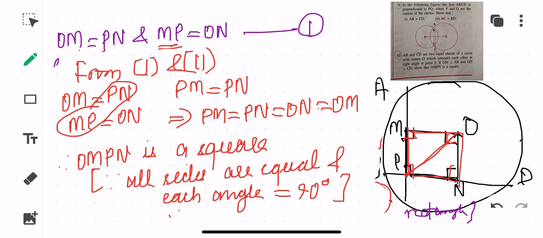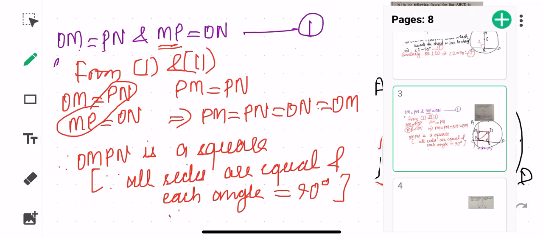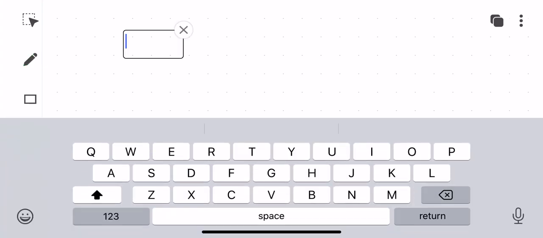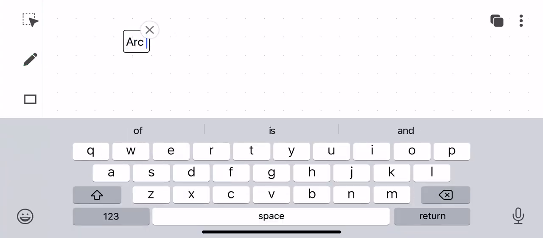We'll just be discussing the facts, and questions related to this we can look at in the next session. So this heading is called arc and chord properties. I can just write it down like this. So this says arc and chord properties.